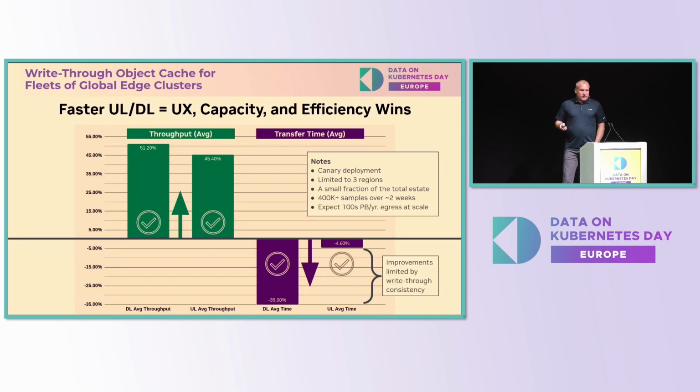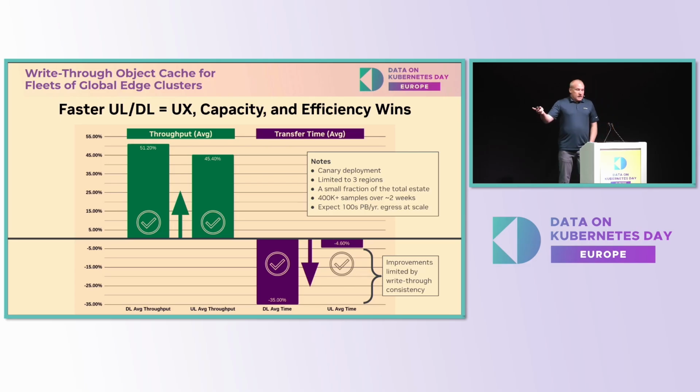Let's talk about the impact, measurable impact. So we ran a live canary across 3 regions, which represented just a small fraction of our total estate. And so with about 400,000 samples over a period of 2 weeks, we confirmed our thesis that faster uploads and faster downloads brought us some serious wins in terms of the user experience and in terms of our system capacity and efficiency.